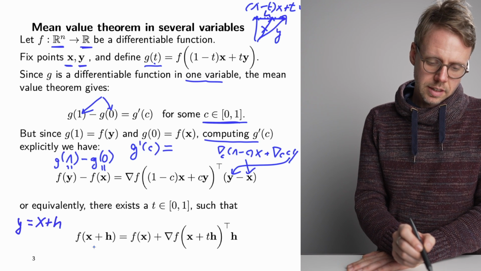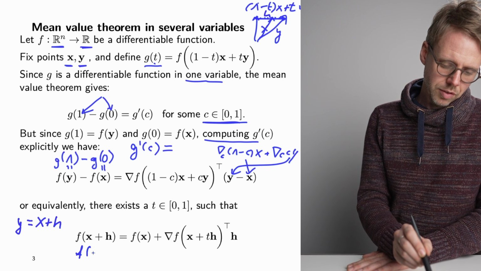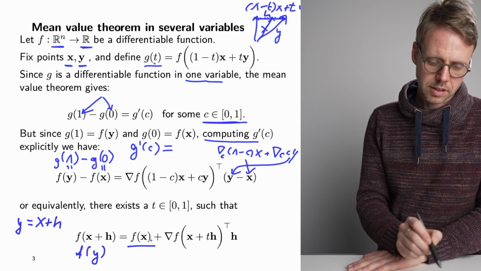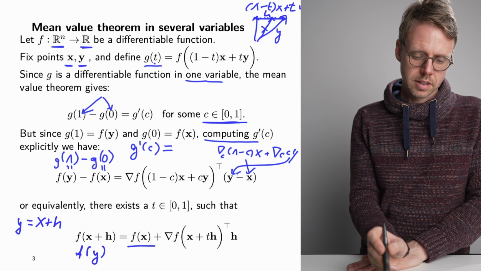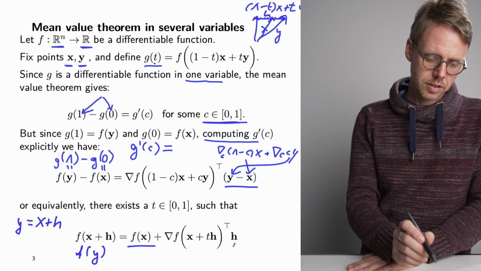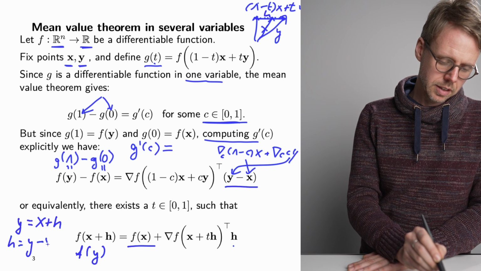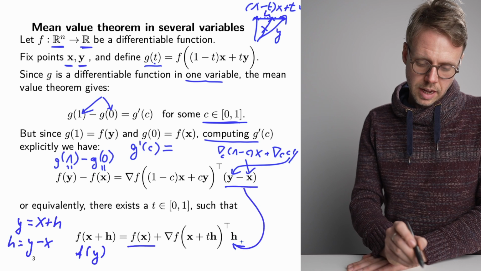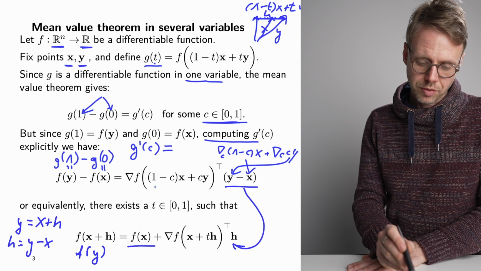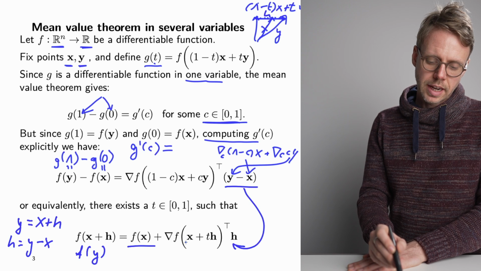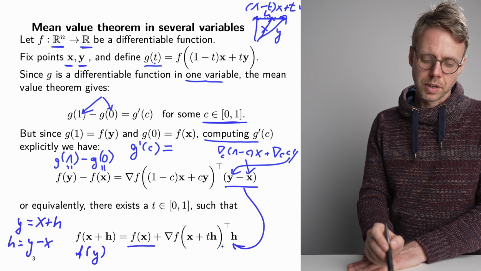Then we can say that f of y minus f of x, where we put f of x to the other side, equals this part here, where y minus x equals h, and the gradient of f at this weighted average between x and y would be the gradient at x plus some value t between 0 and 1 times h.